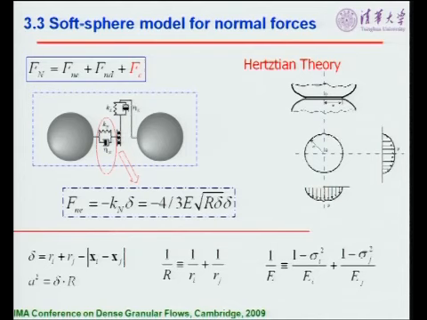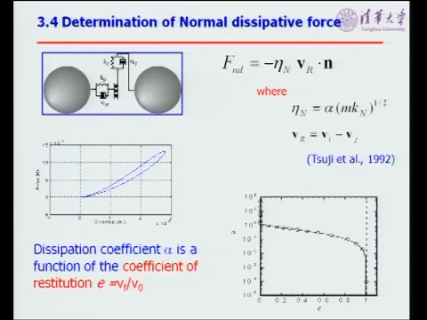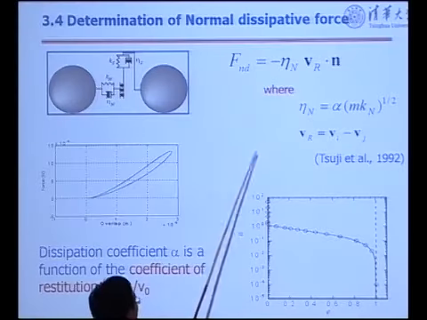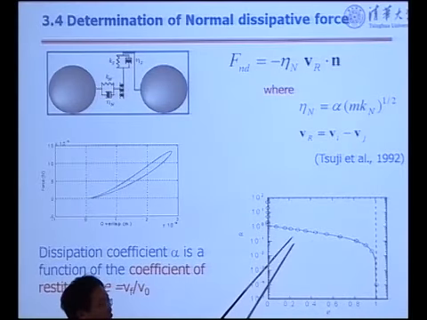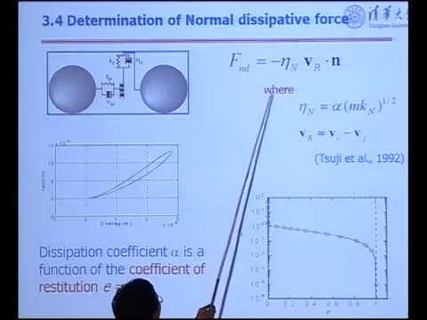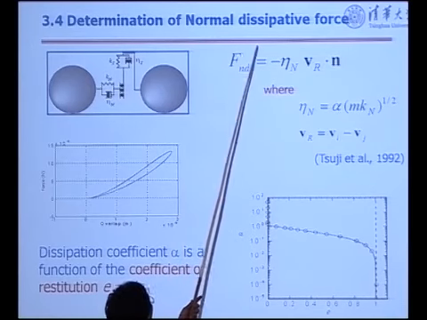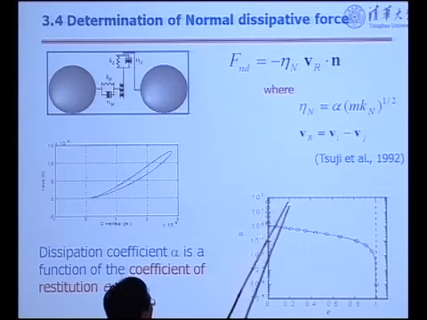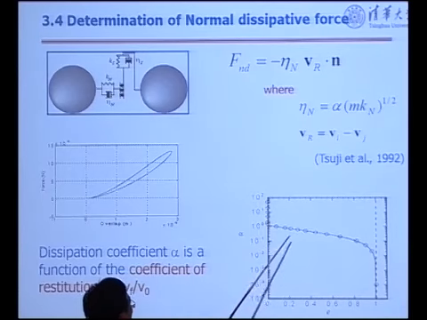This is for the Hertz normal force, but our difference here is how to consider the adhesive force, just the cohesive force, liquid bridge force here, and this is a normal dissipative force. Some people like to use a linear model.